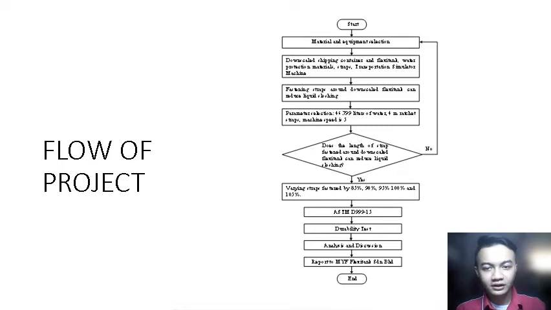So if the length of strap fastened around the downscale flexi tank can reduce liquid sloshing, then the next process is to proceed by varying the straps fastened by 85%, 90%, 95%, 100%, and 105%.